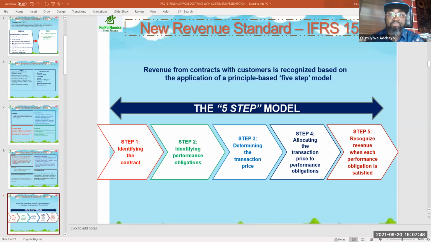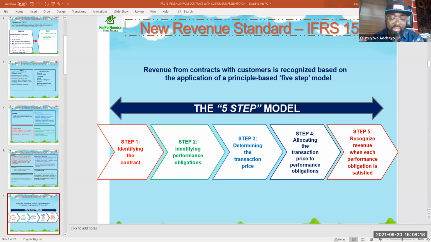and the likes. We went further to unveil the 5-step model to recognizing revenue. The steps, namely, are as follows. Step 1 borders on identifying the contract. Step 2 deals extensively with identifying the performance obligations. Step 3 talks about how to determine the transaction price.